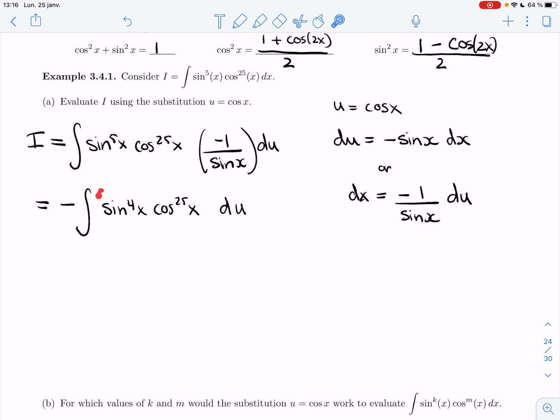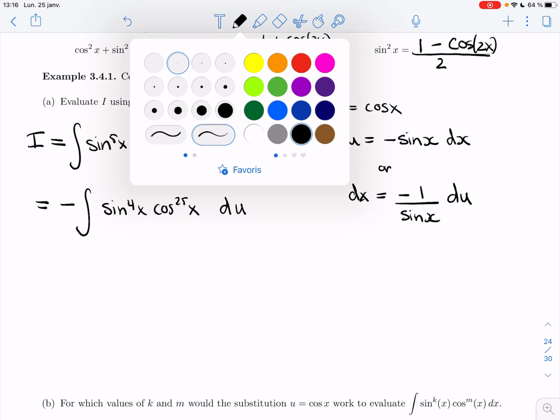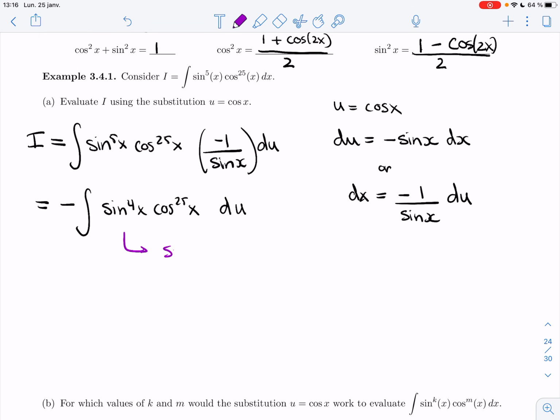All right, this is the part I'm going to need to work on. I want to use this identity. It relates sine squared to cosine and a constant, so I'm going to say right here, this is sine squared of x, squared. All right, sine squared, if I send this to the other side, I'll get that it's 1 minus cosine squared of x, squared.